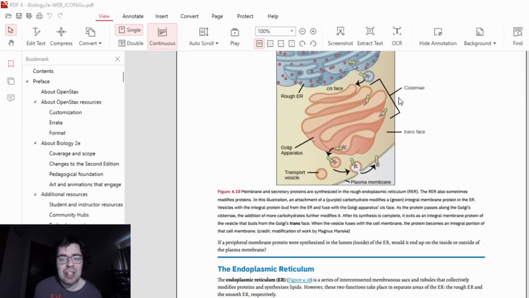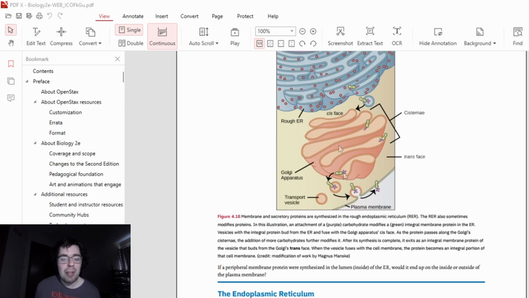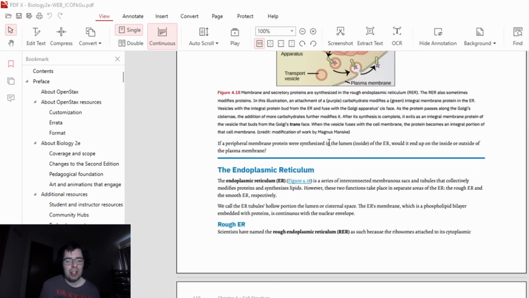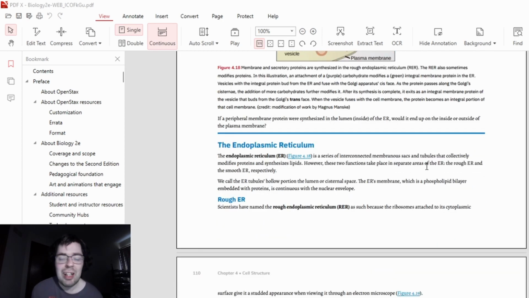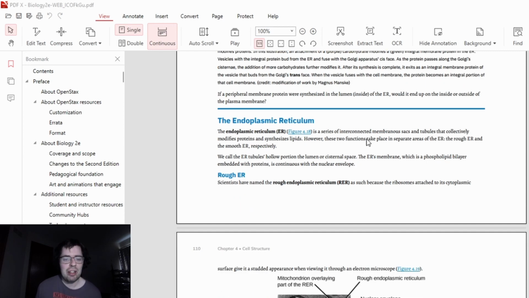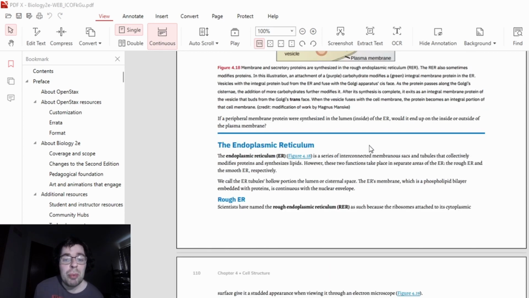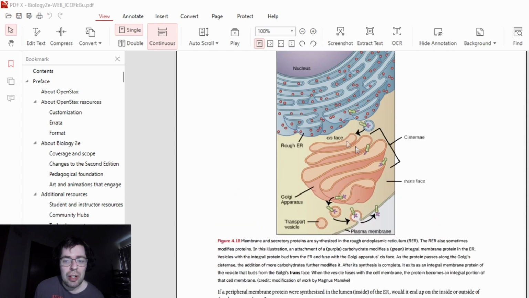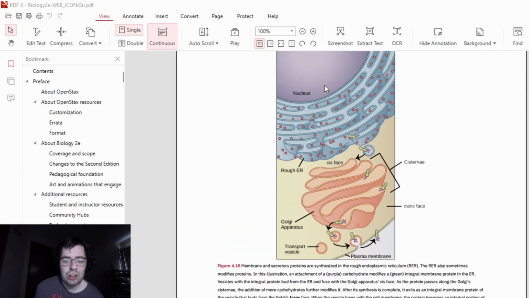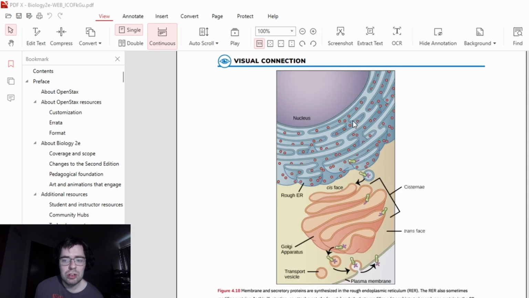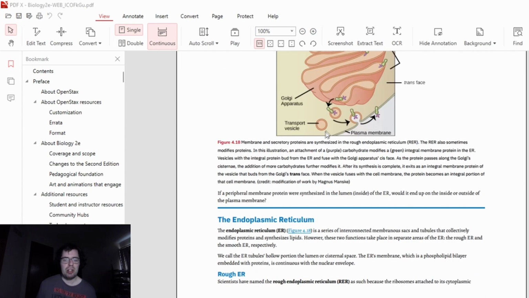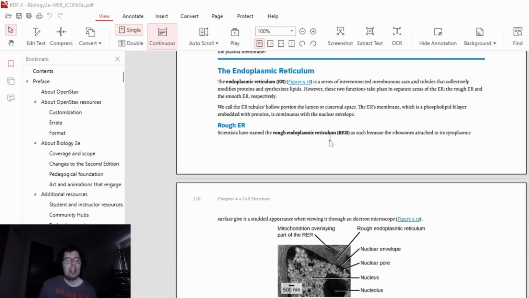You have the cis face and the trans face, and all this will make sense once we go over it. Reticulum. I always want to say rector or something like that, but it's not that. Anyway, first we have the endoplasmic reticulum, which is essentially this whole thing. The smooth one is here somewhere. Well, let's go over it.